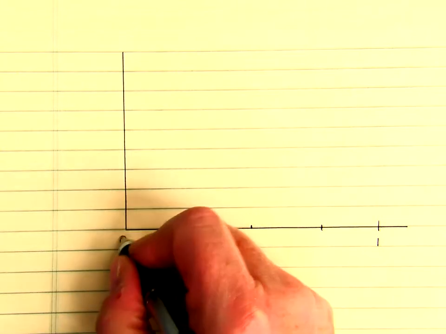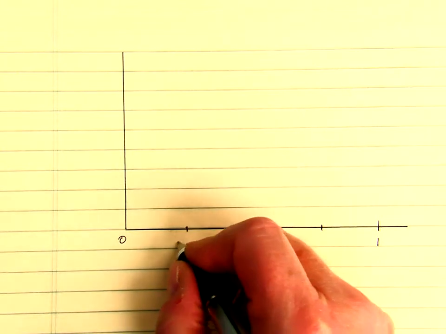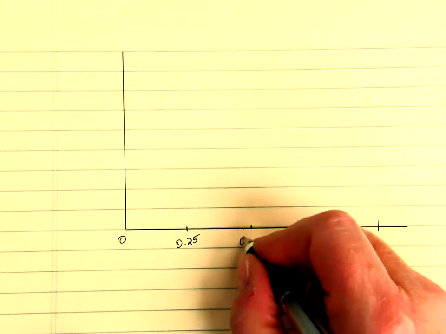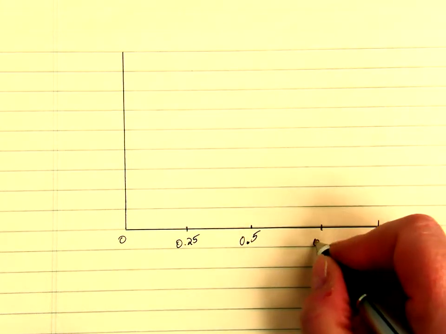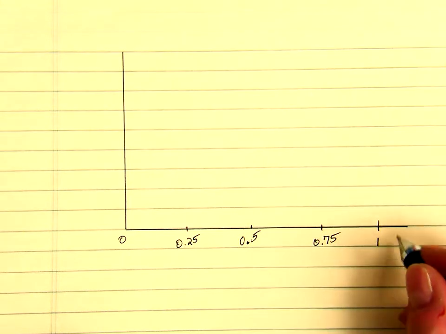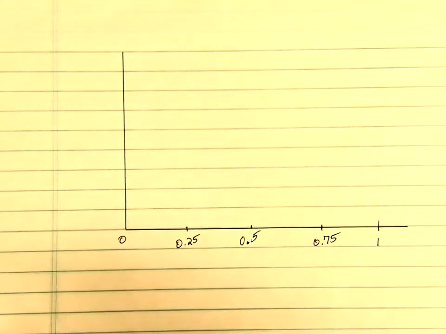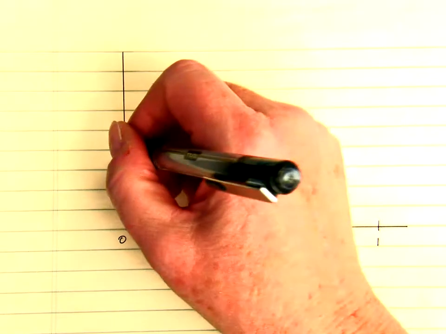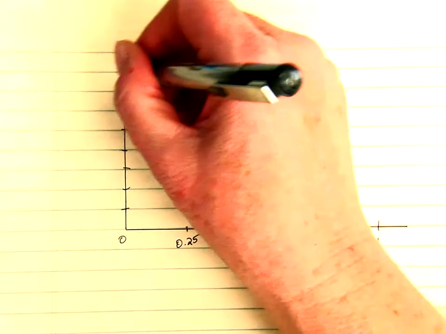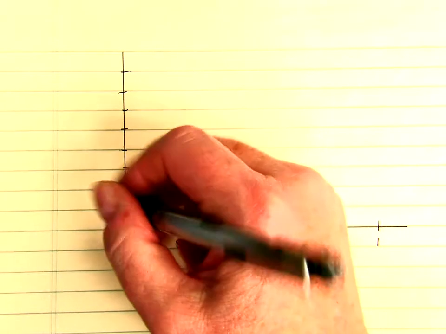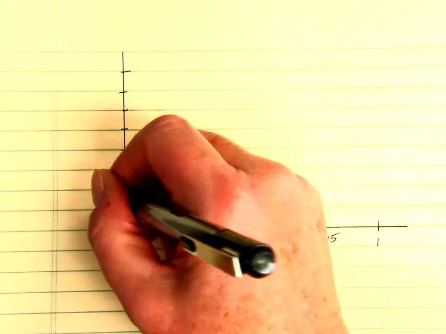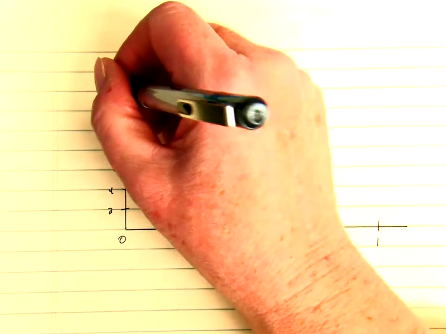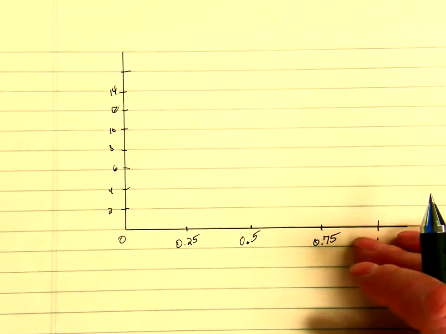Okay, so this is, of course, 0. This is 0.25, this is 0.5 and 0.75, and of course here is 1. And then we are going to break this line up. This is a lot easier because I do have lines, and so we're going to do 2, 4, 6, 8, 10, 12, and 14.